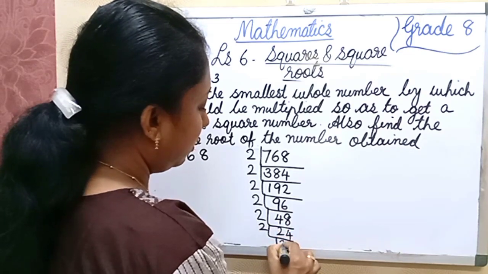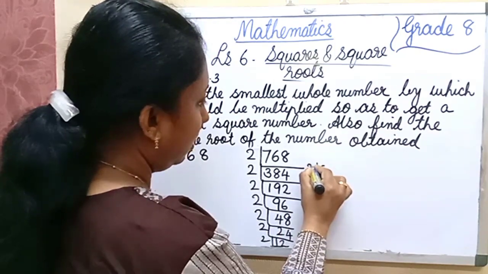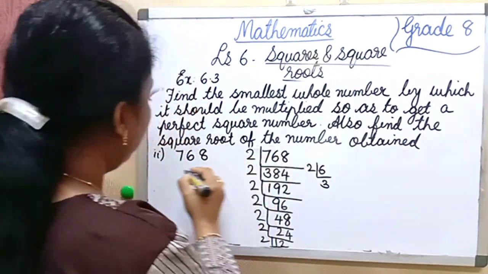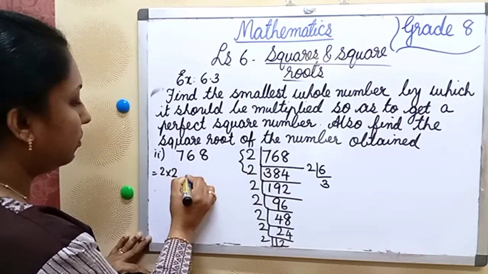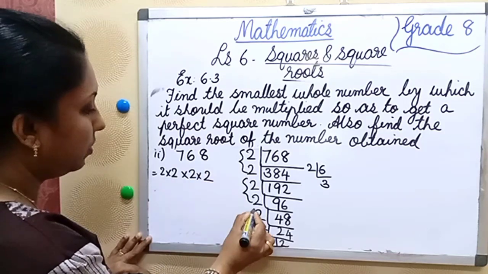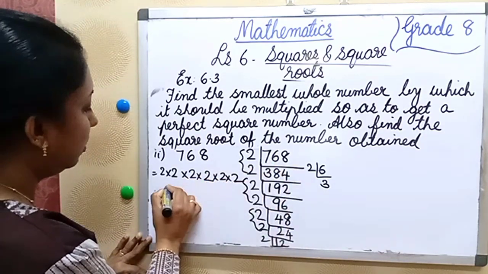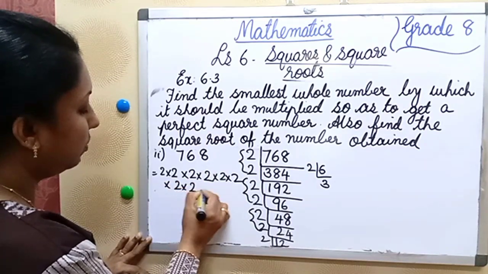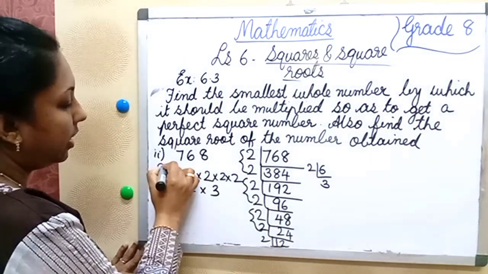Again 2: 12. Again 2: 6. Again 2: 3. So we can write 2 into 2, 2 into 2, 2 into 2, 2 into 2. Last number is 3. So the rest all are having pairs.